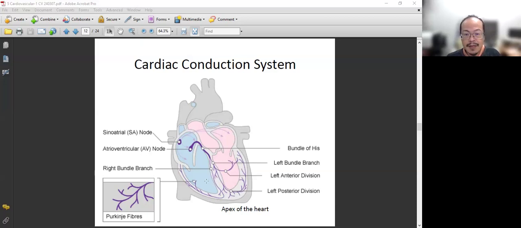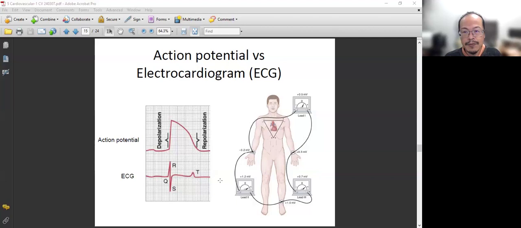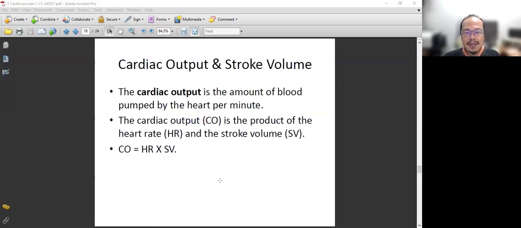So if the ventricle fails, then blood cannot go out, and so you have a heart failure. And the ST segment is a very commonly used indicator for heart muscle disease. It's called myocardial infarction. So heart disease basically. All right, so that's that. That's the ECG. And that's everything about the heart.